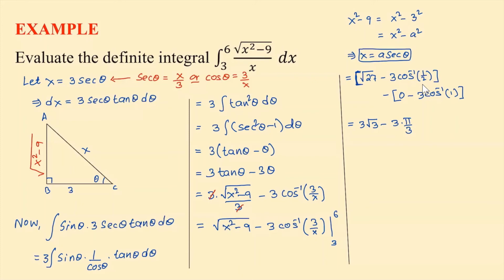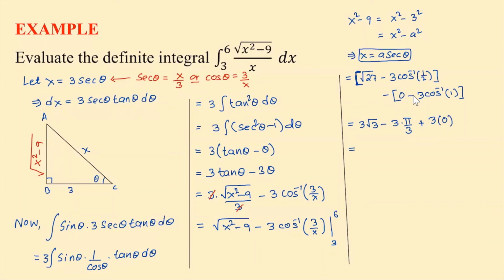Then minus, we are subtracting a 0, so I don't have to worry about that. Now negative and negative becomes positive, 3 times cosine inverse 1. Cosine is 1 when the angle is 0. So that is 0.